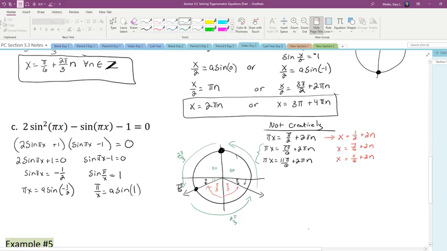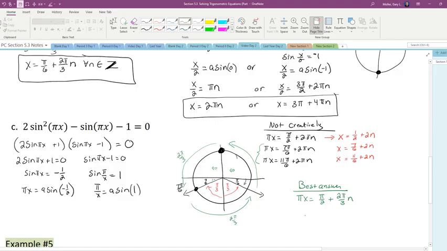And so I could, best answer, I could say, let's start at one of the three angles. I'm going to start at pi over 2. So pi x equals, start at pi over 2, and then just add 2 pi over 3 repeatedly.